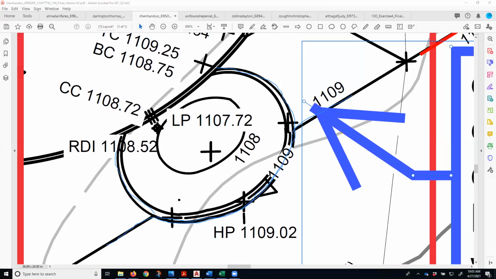I'm going to say if this is your edge of pavement, purple is your edge of pavement, correct? The other one is the edge of the other pavement. Okay. So I'll put the red one in.